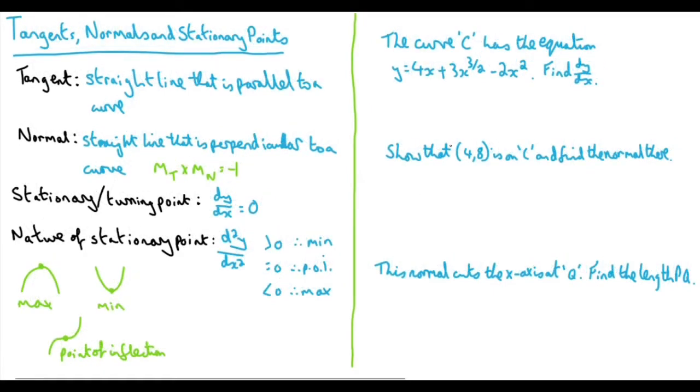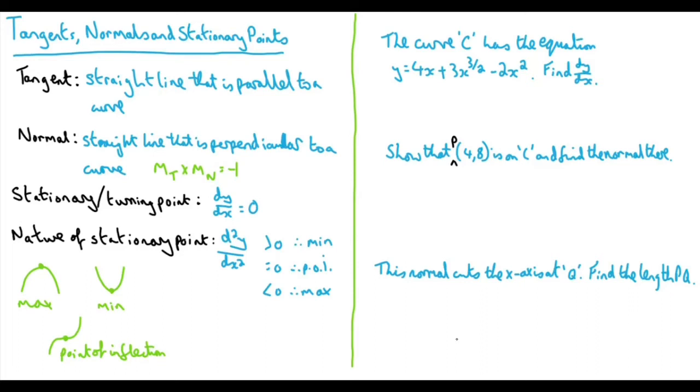Then, once you have that, show that, I'm actually probably going to better label this P, so that point P, which has coordinates 4, 8, is on C, and so find the normal at that point, at P. And then finally, we're told that this normal cuts the x-axis at Q, and therefore find the length PQ, so between these coordinates here and wherever it is cutting the x-axis. Consider what concepts we've just been talking about, pause the video, have a go for yourself, and then press play again when you're ready to compare.